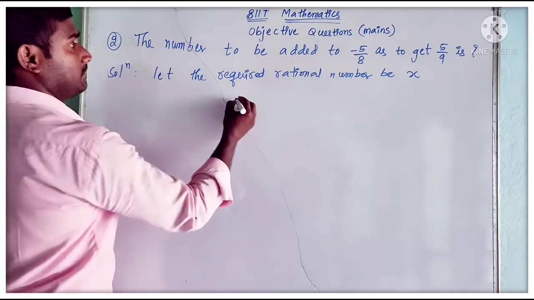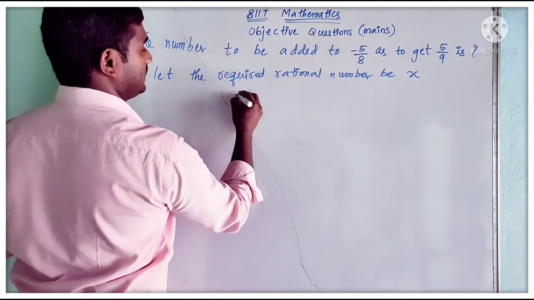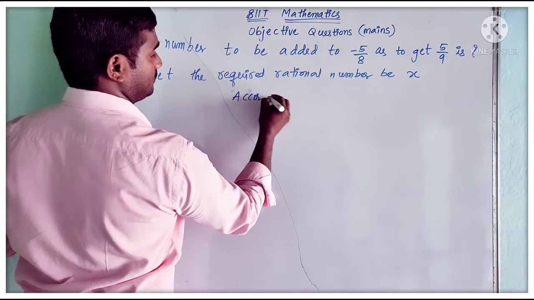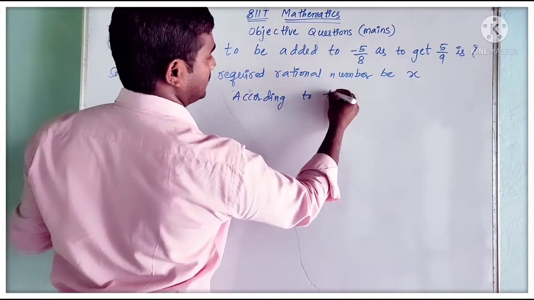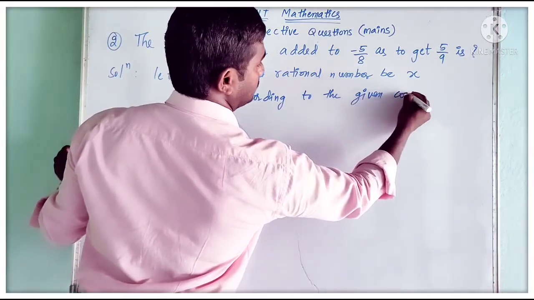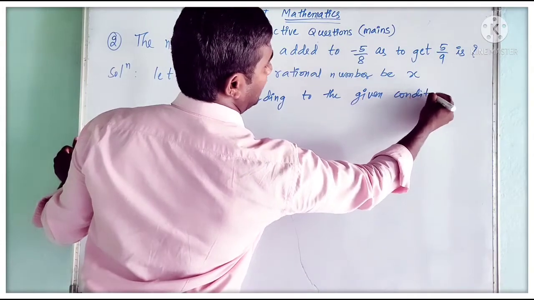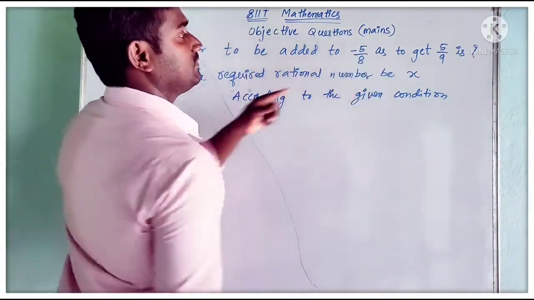So according to the given condition, if you add this x to minus 5 by 8, we will get 5 by 9.